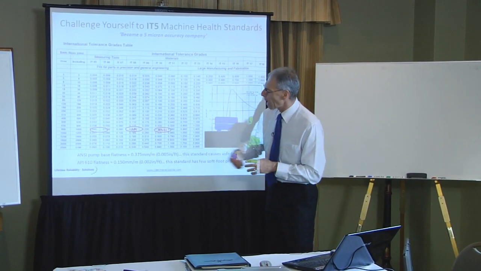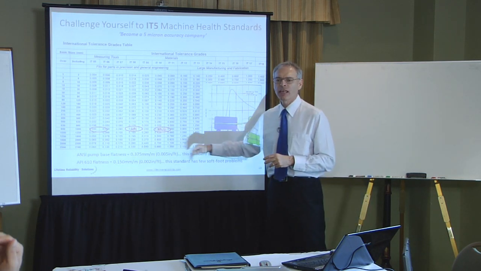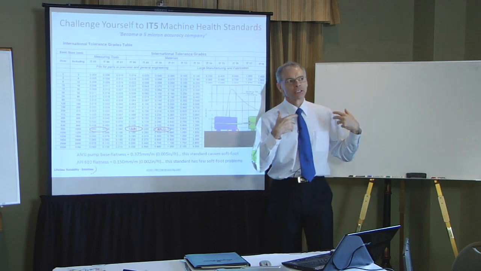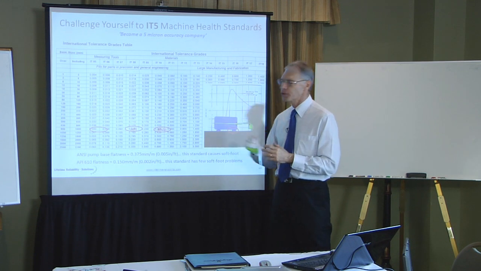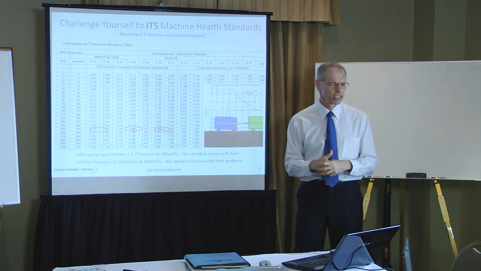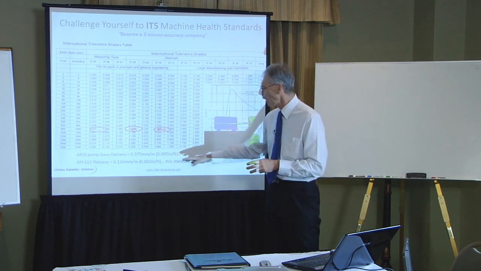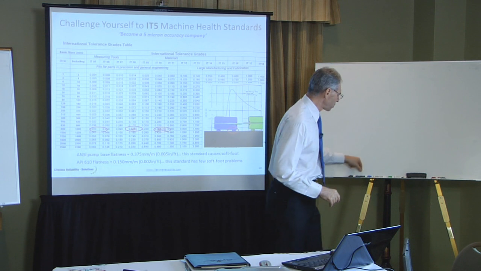In their requirements, in the API 610 for base plate flatness, they will accept nothing more than 2 thou per foot. Now, I'm a fitter machinist. I used to machine base plates, and I know that 2 thou per foot is not a big stretch. It's much better than 5 thou per foot, but it's not a big stretch. It's still a soft foot issue there. Now, of course, what they're counting on is the distribution.